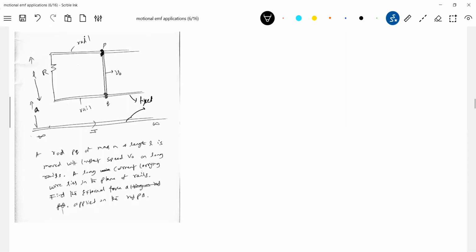How to write this set of equations? So what is the field due to a long wire? Mu naught I by 2 pi x, mu naught I by 2 pi y. So let's take there's a long wire.